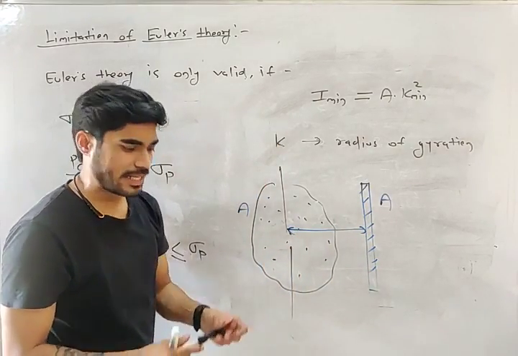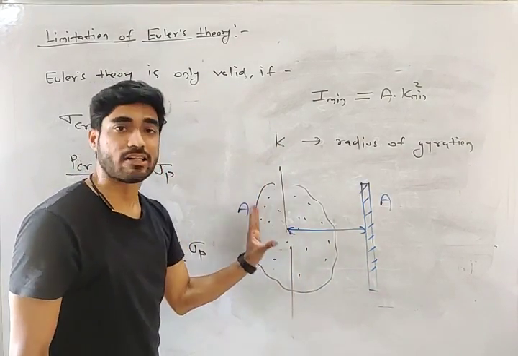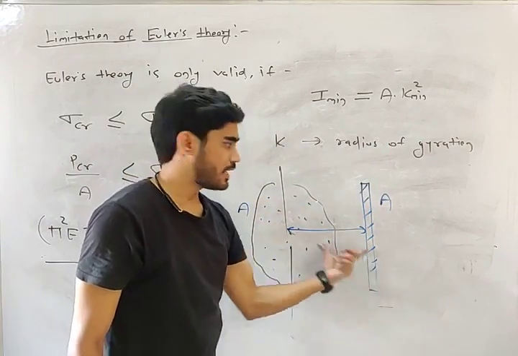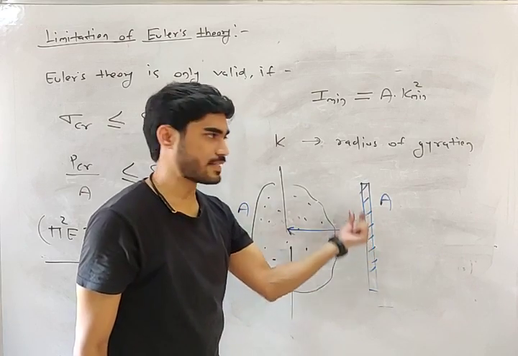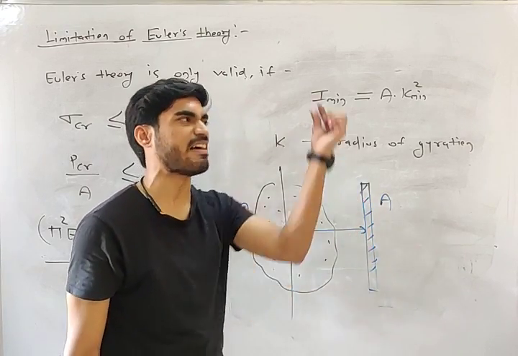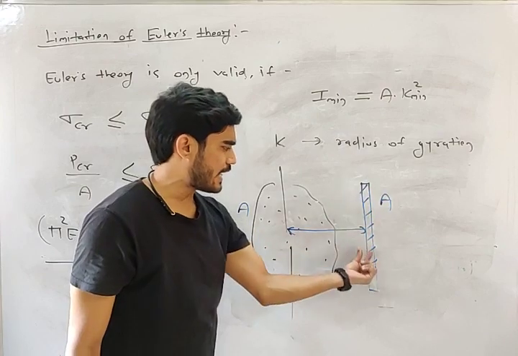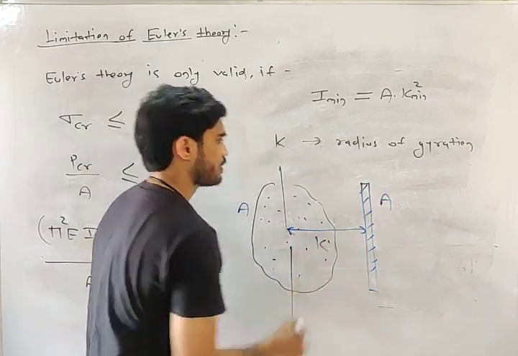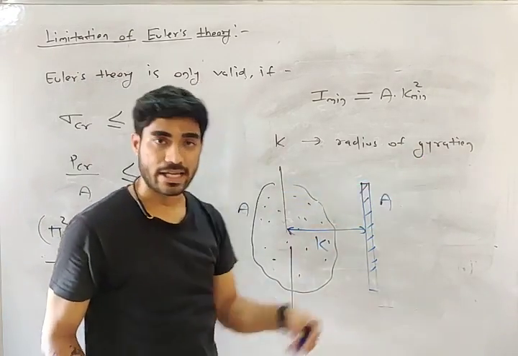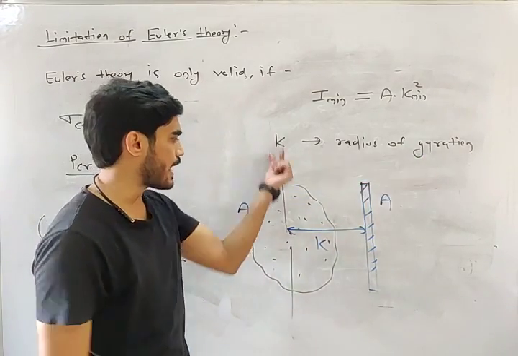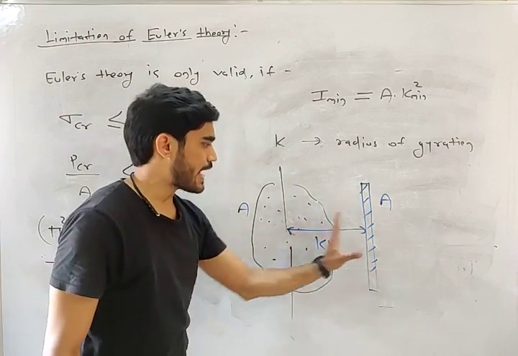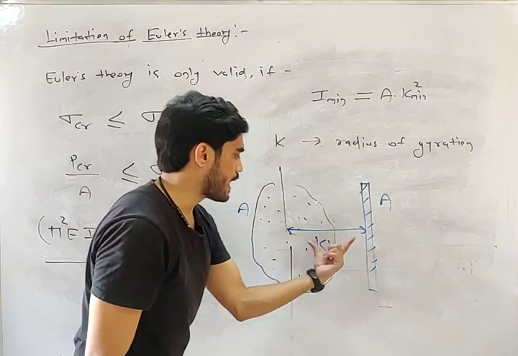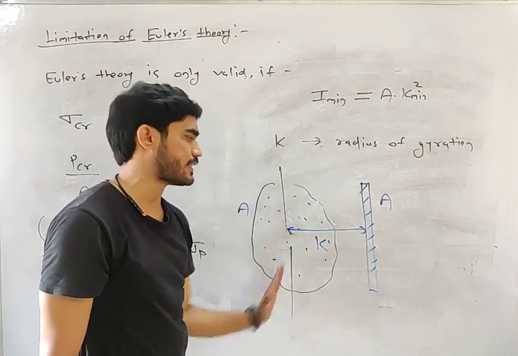Right now, practically, different particles are at different distances, but let's assume that the entire area is at the same distance. Then this distance is known as radius of gyration. So you are assuming that the entire area A is at one single distance. All the particles are very close, so they are at the same distance K from this axis.